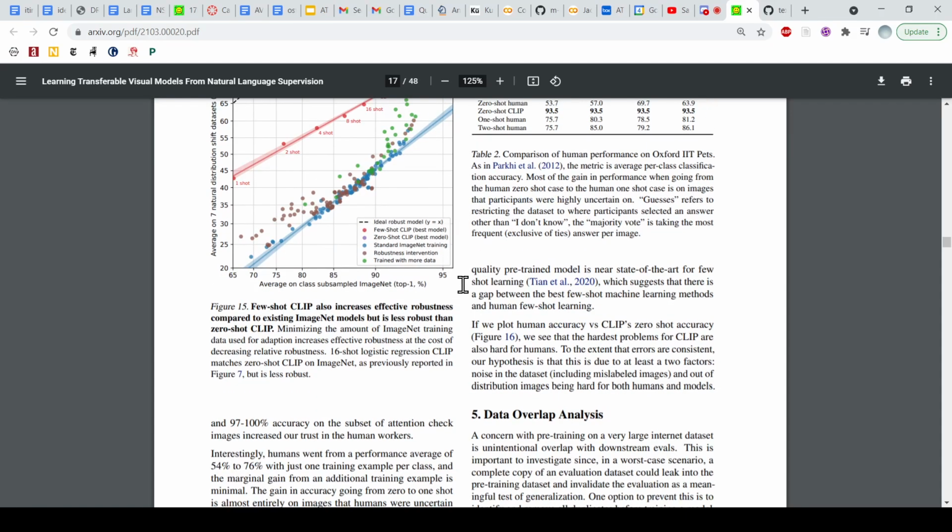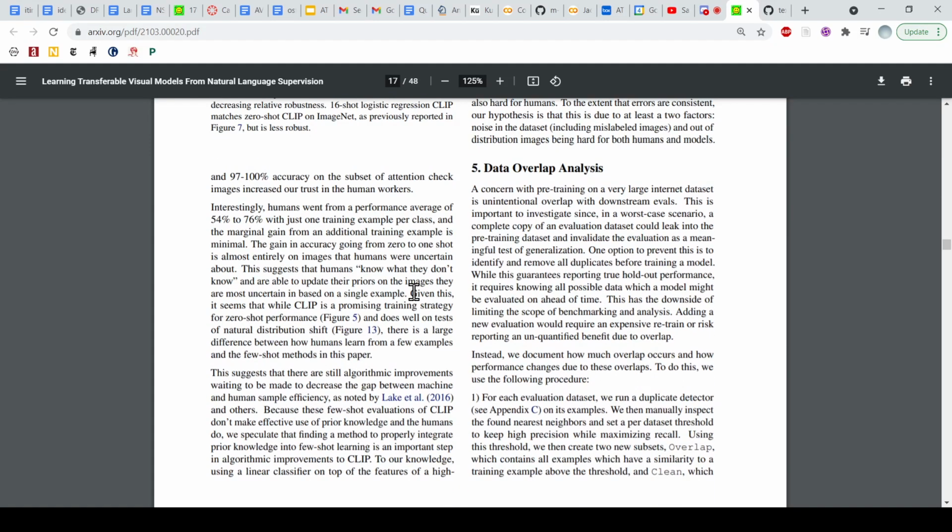Let me look though. We see that the hardest problems for CLIP are also hard for humans. To the extent that errors are consistent, our hypothesis is that this is due to at least two factors: noise in the dataset, and out of distribution images being hard for both humans and models.